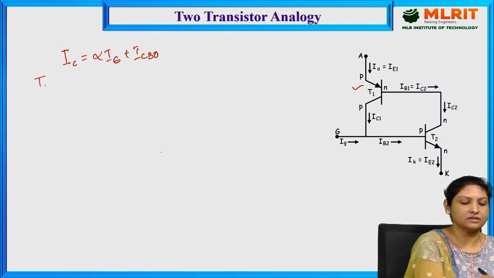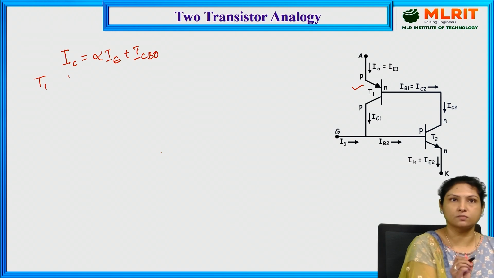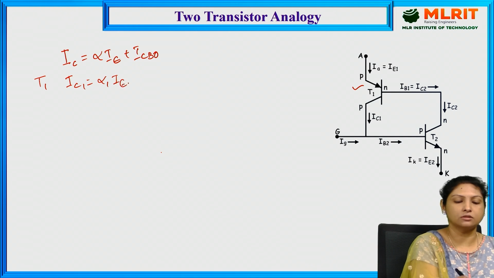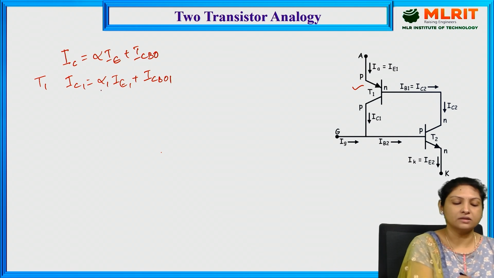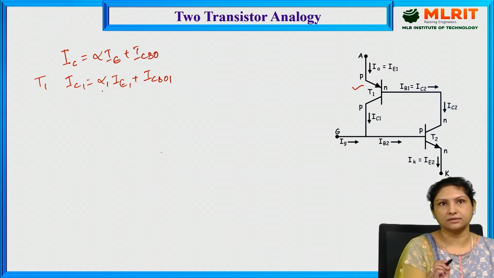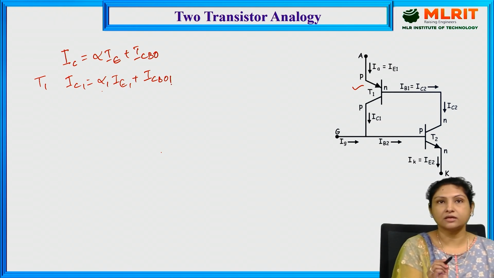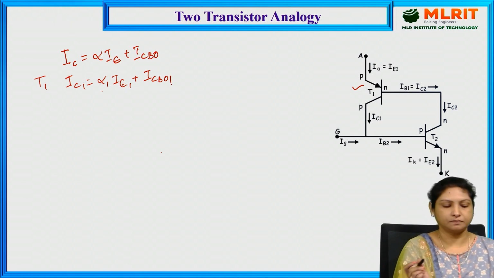For transistor 1, the equation transforms into IC1 is equal to alpha 1 IE1 plus ICB naught 1, where alpha is the current gain of the transistor, IE is the emitter current of the transistor, and ICB naught is nothing but the collector to base leakage current.